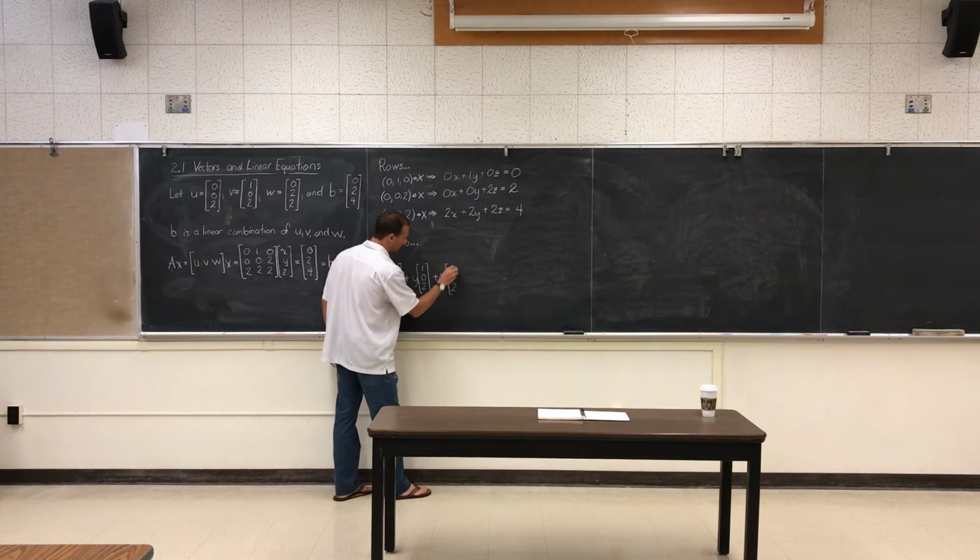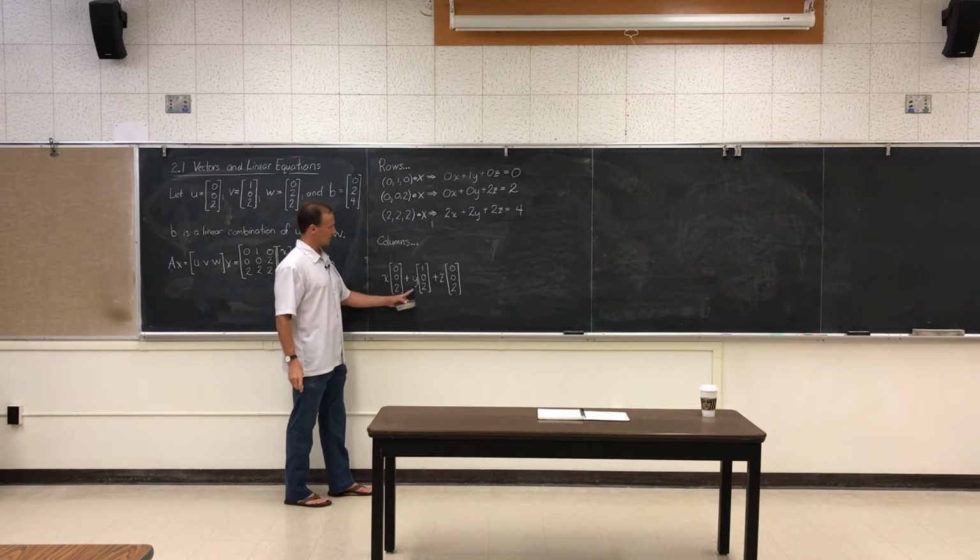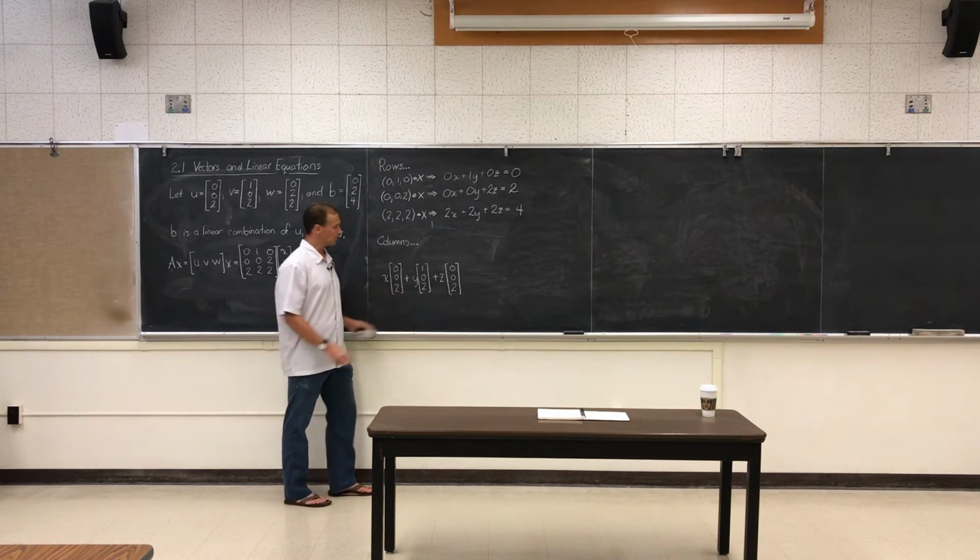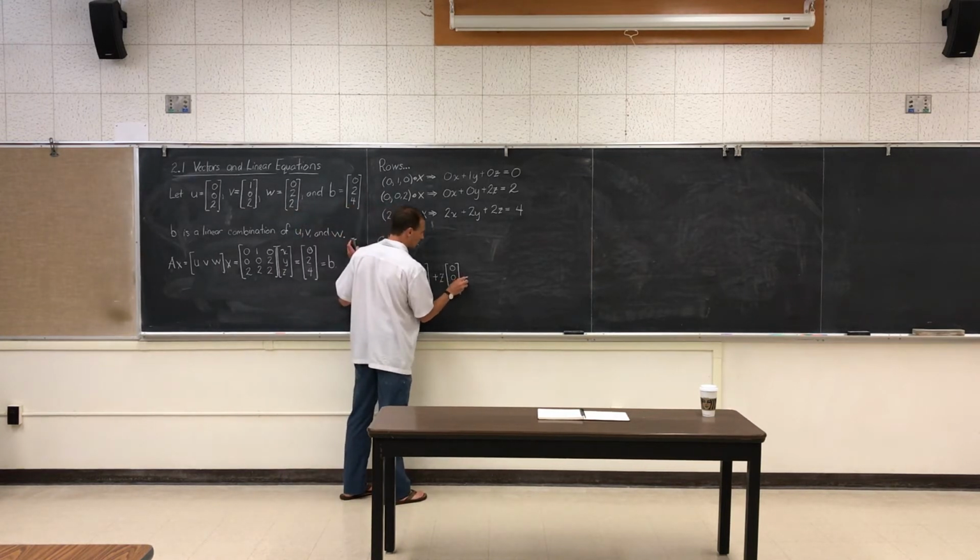Somehow, with the right choice of x, y, and z, we should get b, which is the vector 0, 2, 4.